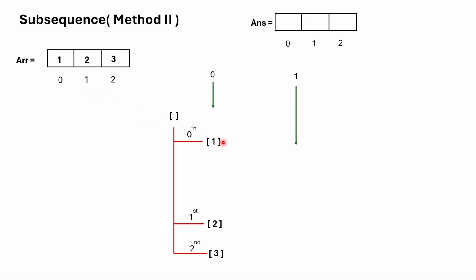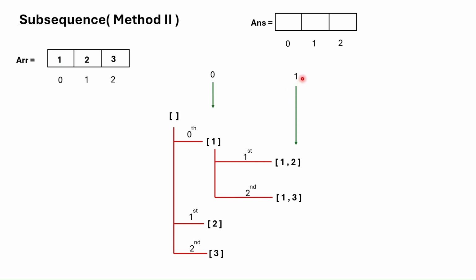So now I have two choices. Either I can take the first index or the second index of this array as the first index in this answer. So if we choose the first index, we get 1 and 2, and if we choose the second index, we get 1 and 3.